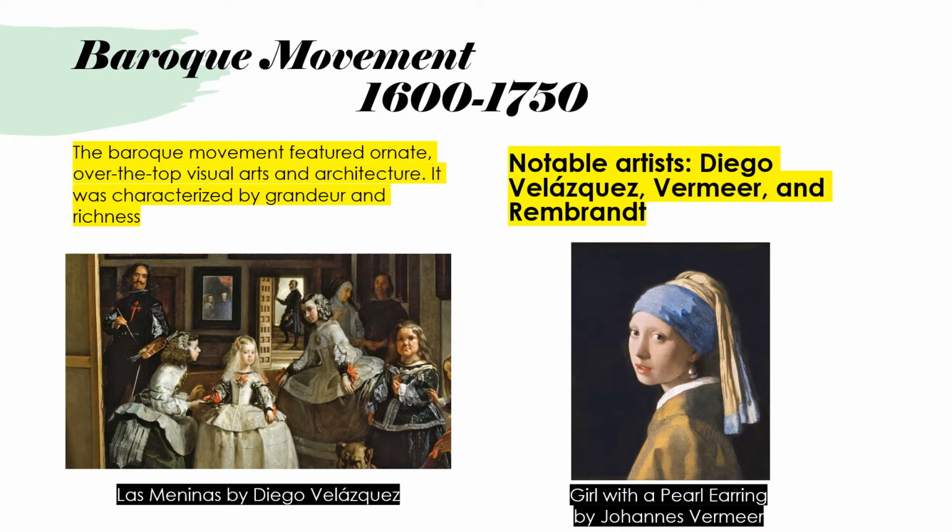And the picture on the left, I'm sorry, I got those mixed up. The picture on the left is the picture with all the big dresses. The picture on the right, The Girl with the Pearl Earring by Johannes Vermeer. Still very grand. Look at that gigantic pearl in her ear. And both pictures have that dramatic light and dark that we see in the Baroque period.